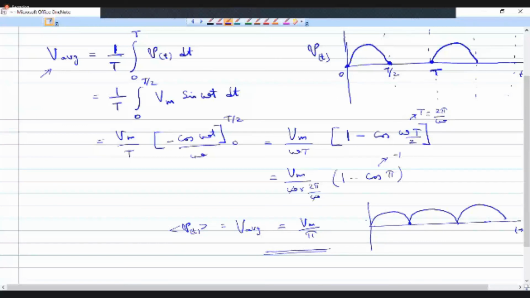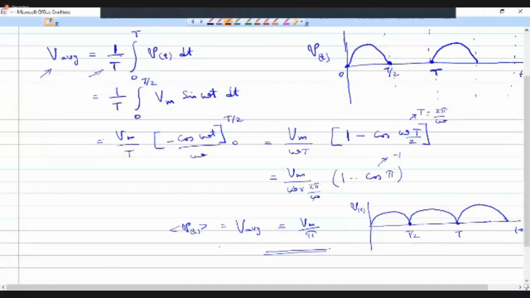Find out what is the average value of this full wave rectified voltage v of t. The clue I am going to give here is this is capital T and this is capital T by 2. So think how the waves are getting repeated here and take the limits of the integral suitably, and you will get the average value of this.